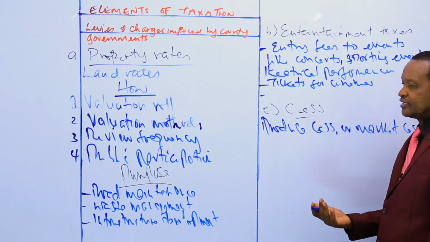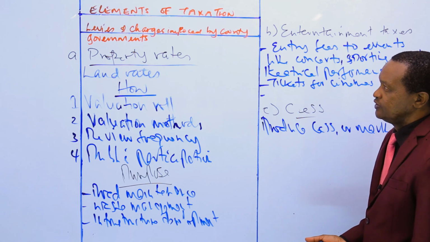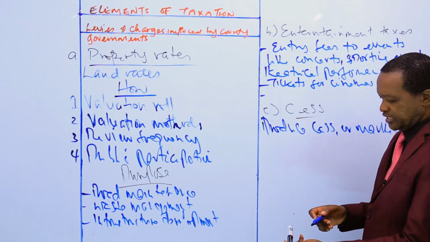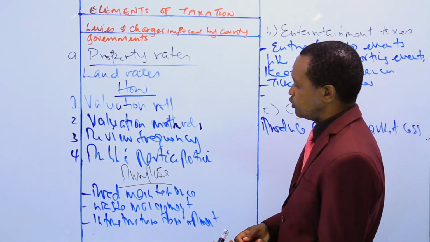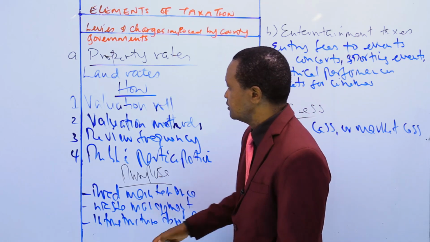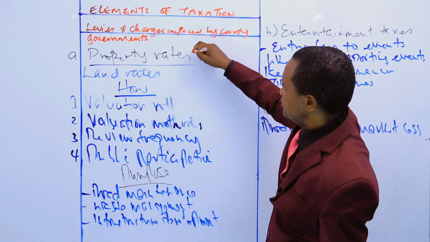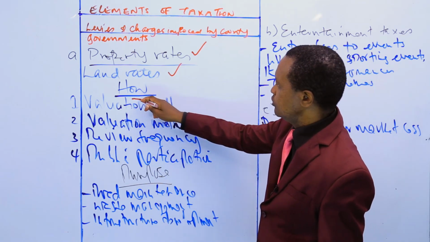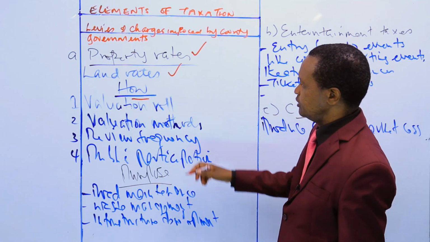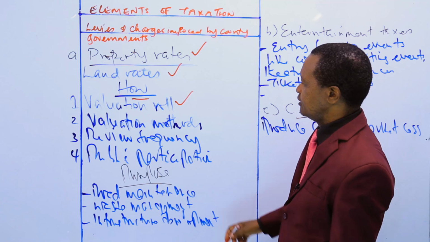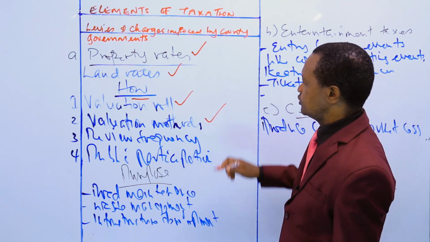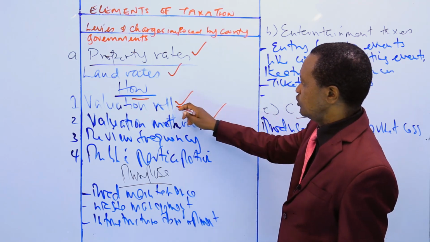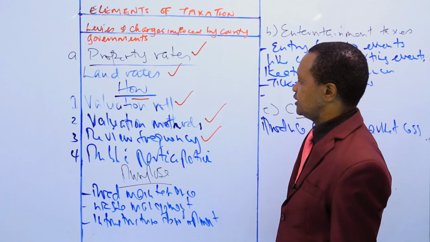So currently these are three types of levies and charges imposed by county governments. One is property rates, also known as land rates. We've explained how they are determined. There has to be an evaluation roll in place and evaluation methods. This roll has to be reviewed frequently.